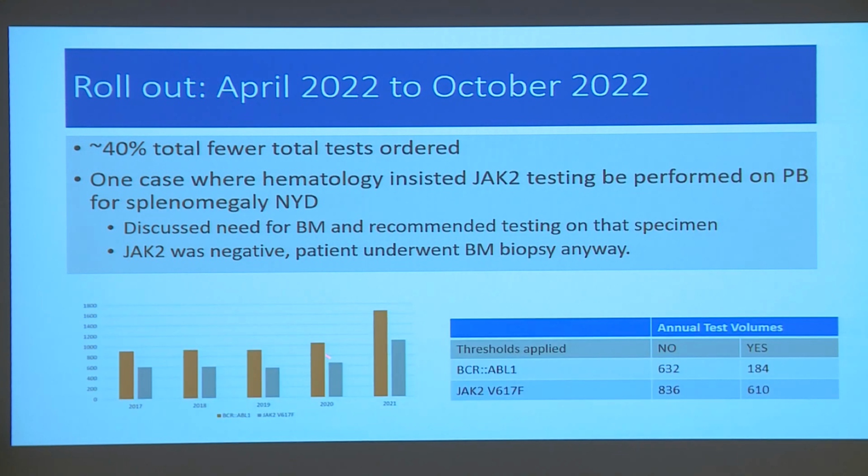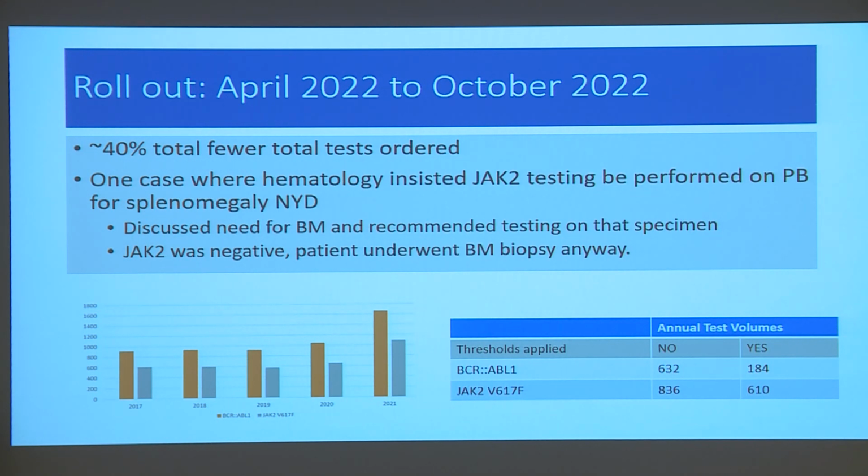So for us, this is still a win. And I did want to point out, if anybody really noticed, and I don't blame you if you didn't, that in 2021, our BCR-ABL test number was a little over 1,600. And we predicted that we would be at 600 per year. I just want to remind everyone where these numbers came from. This number came from us excluding everyone who had CML and was getting many follow-up BCR-ABLs, or anyone who had ALL and got BCR-ABL testing.